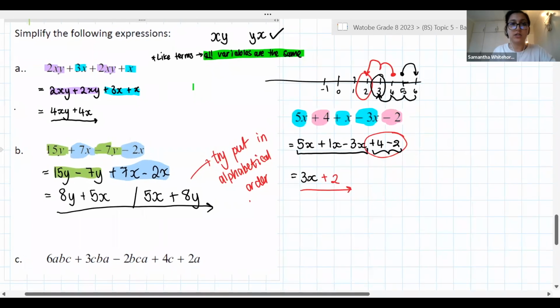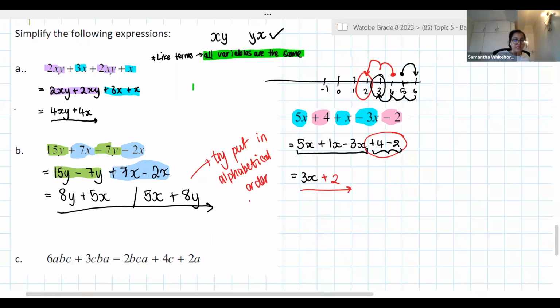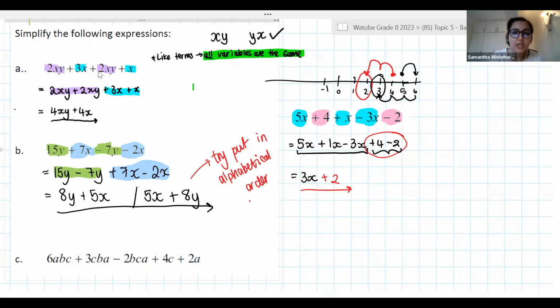So bear that in mind when you are doing question C. Have a try of question C there for me. So you've got 6ABC plus 3CBA minus 2BCA plus 4C plus 2A. This is a harder one. We're ending on a nice challenge here, but you guys can do it. If you've been listening, you can do this one.